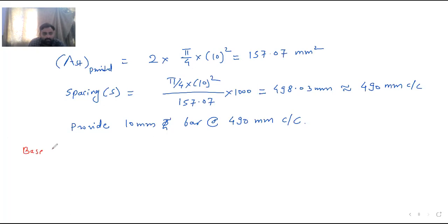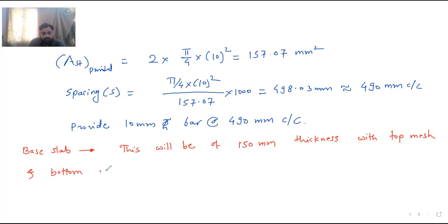For the base slab, this will be of 150 mm thickness, with top mesh and bottom mesh of steel with 10 mm bar diameter about 250 mm center to center.